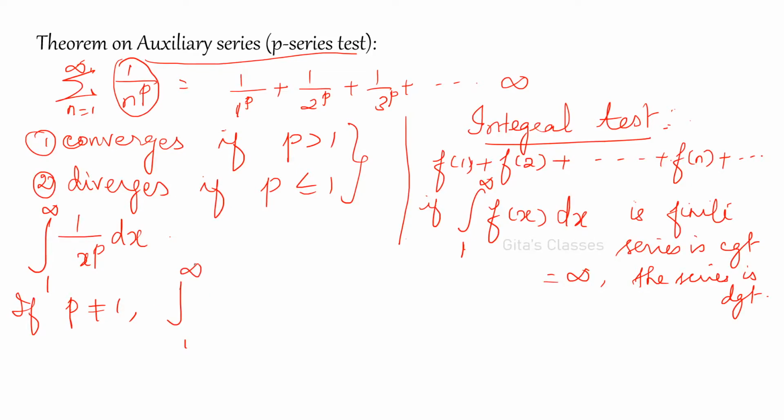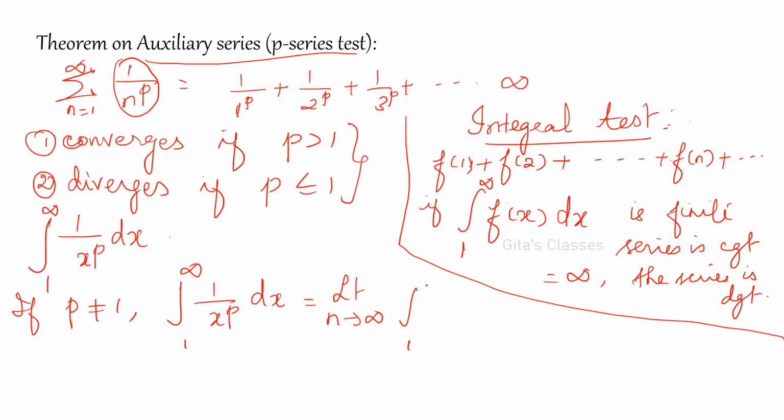So the integral from 1 to infinity of 1 by x power p dx is equal to the limit as m tends to infinity of the integral from 1 to m of 1 by x power p into dx, right?